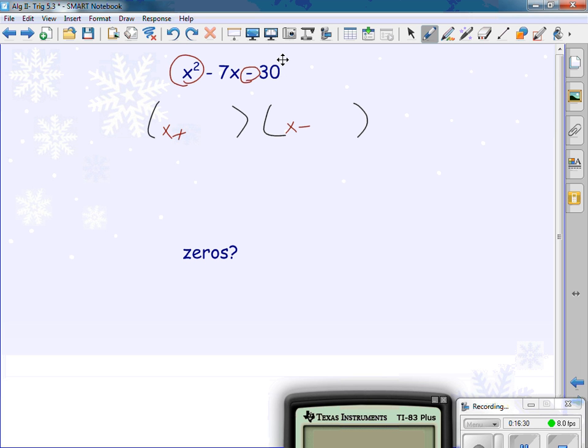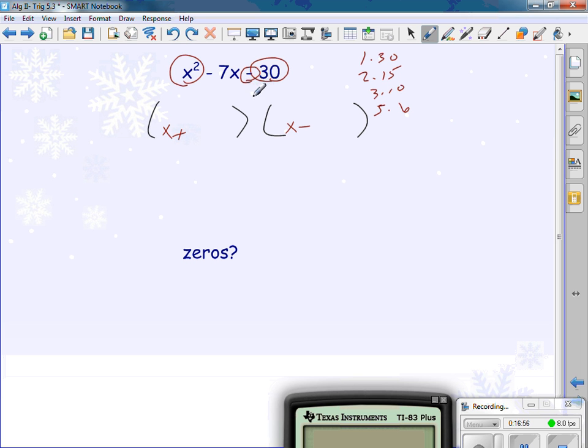Now, don't just randomly shout out the factors. You got to start getting in the habit of putting them in order. It helps you out. What's the lowest factor? 1 and 30. 2 and 15. 3 and 10. 5 and 6.